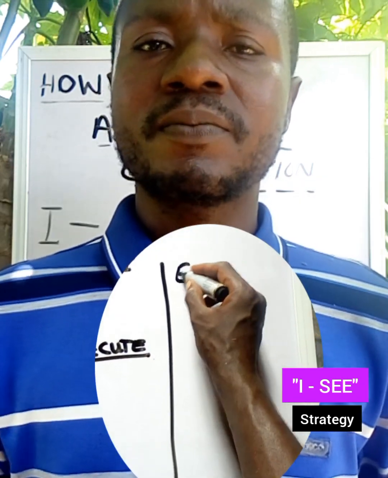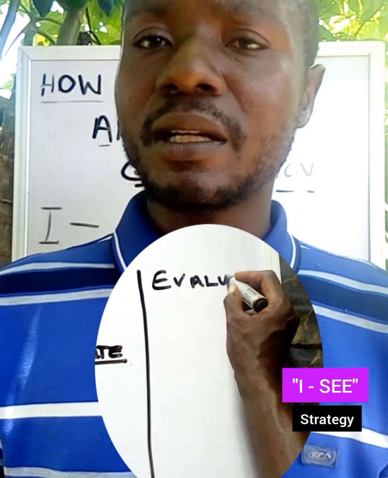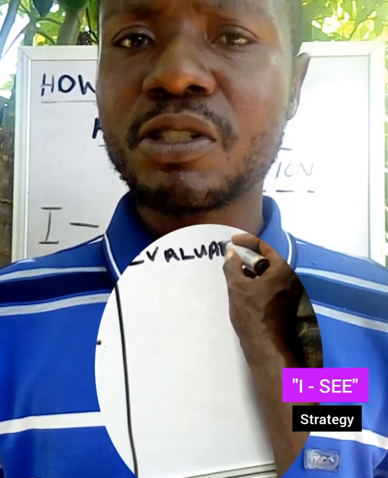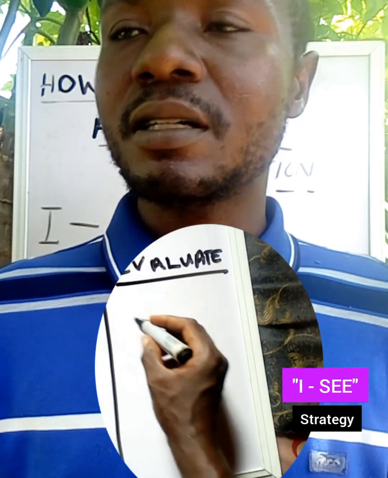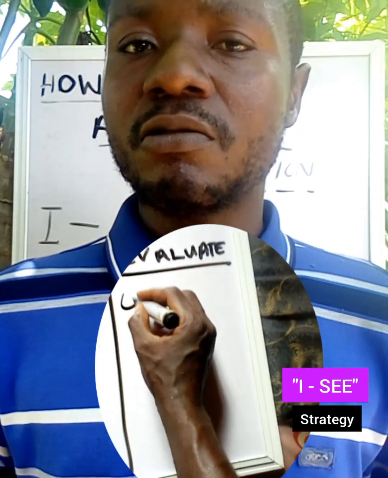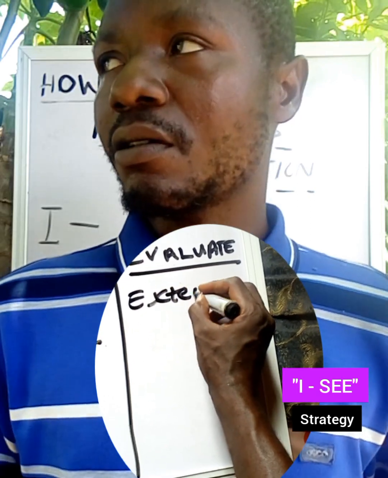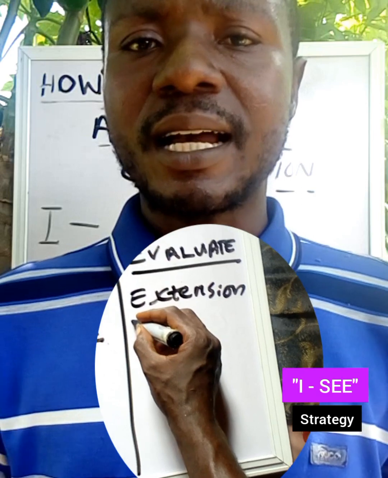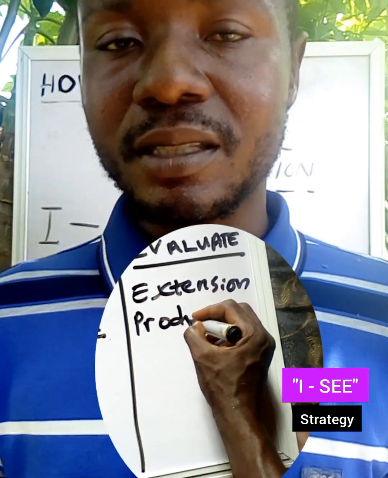The next step, which is the final step, is the evaluate. After getting our answer under the execute, because the execute step is where we get our final answer, we now have to evaluate our answer. Evaluating our answer simply means that we check whether our answer makes sense, whether it is reasonable. Because physics is an experimental science, we have to check whether our answer agrees with practical realities.